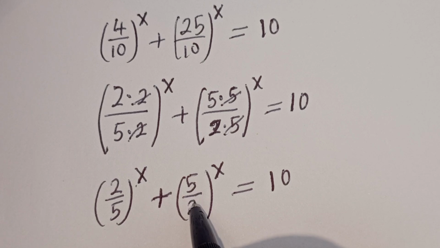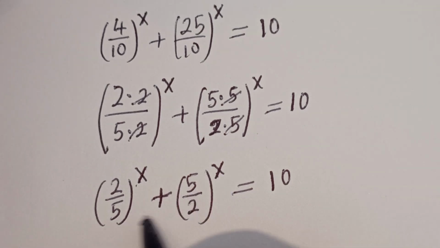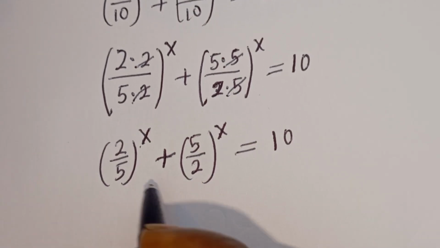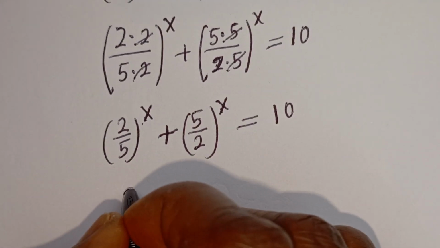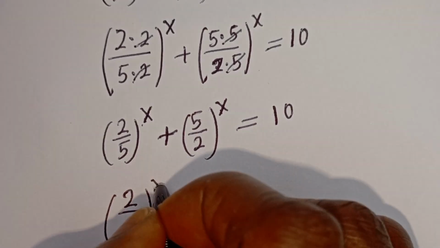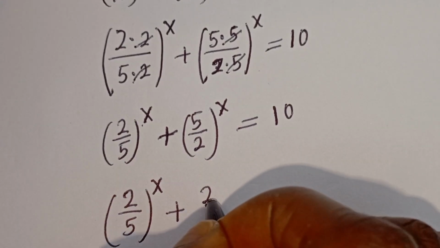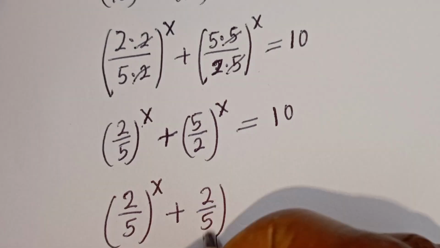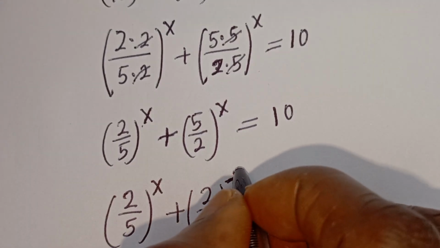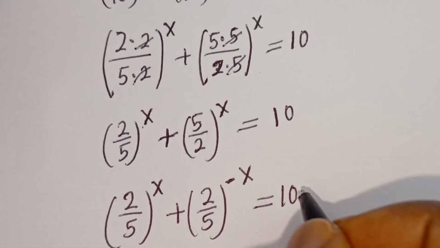This is 5 divided by 2 to the power of x. In order to make this 2 divided by 5, we take the reciprocal. Then the equation becomes 2 divided by 5 to the power of x plus 2 divided by 5 to the power of minus x is equal to 10.